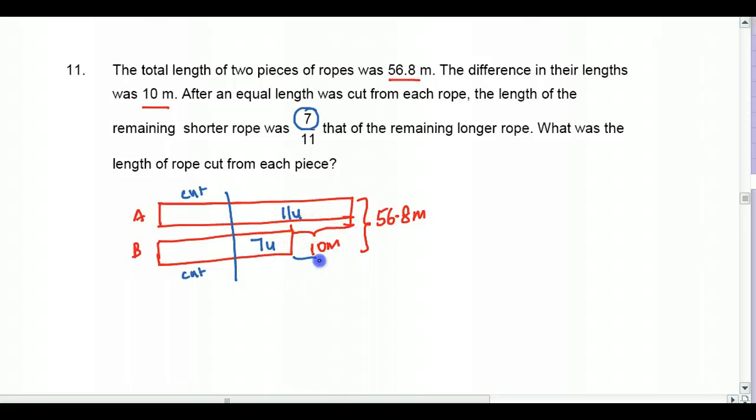So what is my 10 meters? My 10 meters is actually my 11 units minus my 7 units, which is my 4 units. 4 units is my 10 meters. Therefore 1 unit is my 2.5 meters.